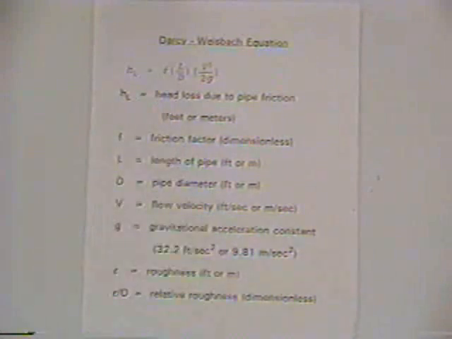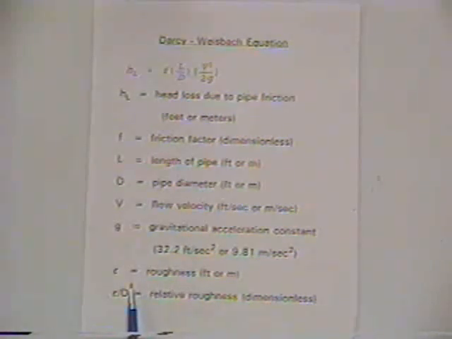And this friction factor, as we're about to see, will be a function of two terms. One's going to be a Reynolds number, which is a representation of flow characteristics, and the other is going to be a relative roughness, which is a representation of the pipe characteristics. So head losses are a function of both the pipe characteristics and the flow characteristics.